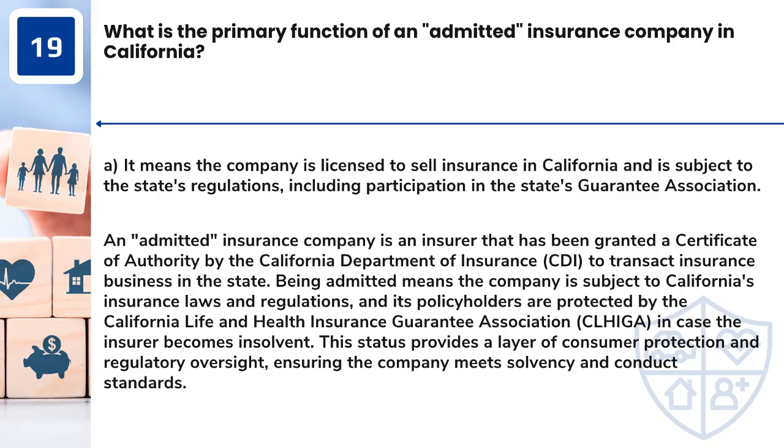Being admitted means the company is subject to California's insurance laws and regulations, and its policyholders are protected by the California Life and Health Insurance Guarantee Association, CLIGA, in case the insurer becomes insolvent. This status provides a layer of consumer protection and regulatory oversight, ensuring the company meets solvency and conduct standards.